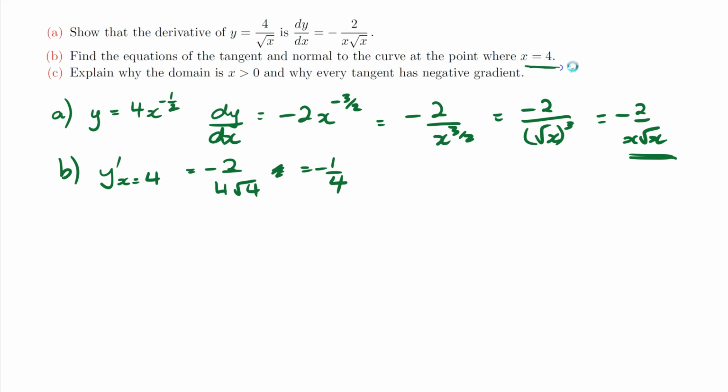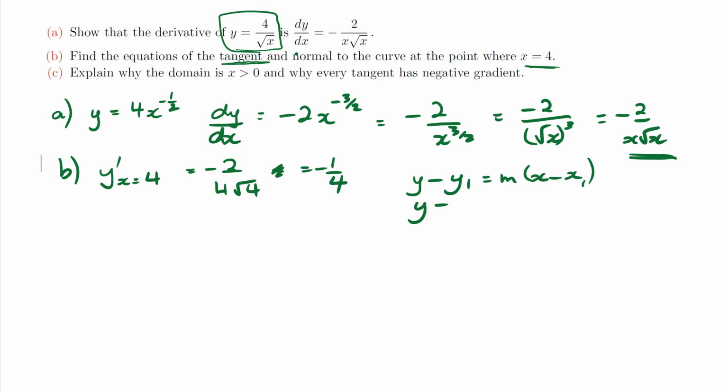And it's at the point where x equals 4, and we're after the equation of the tangent. It's a straight line. The equation of any straight line we know well and truly by now is given by that. What's the y value when x equals 4? Well, we have to put that value of 4 into our original equation.